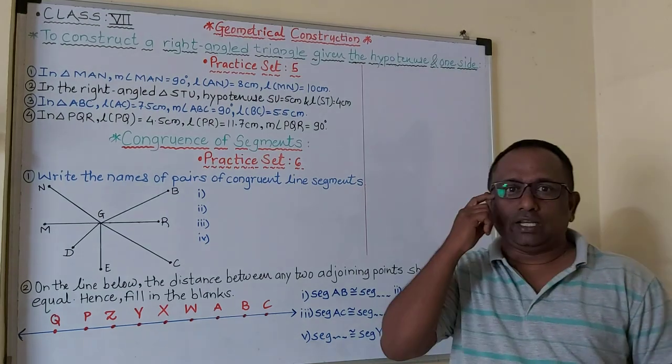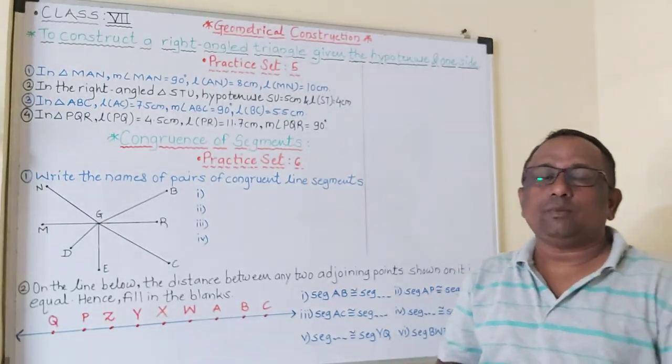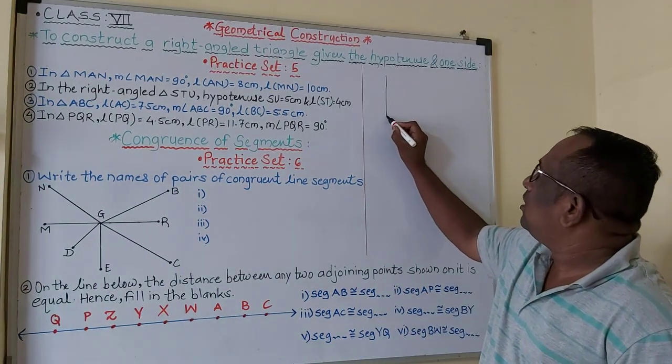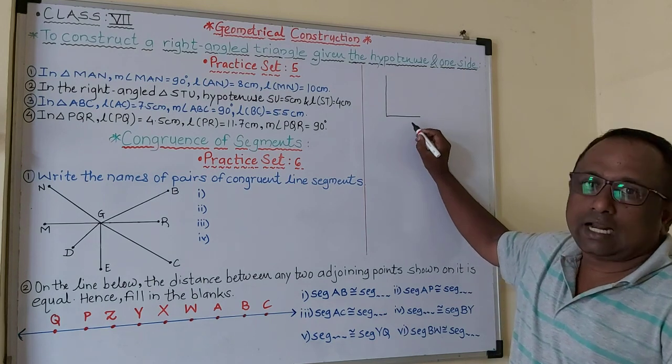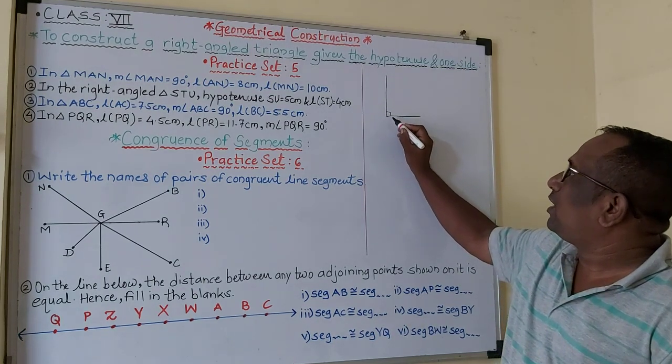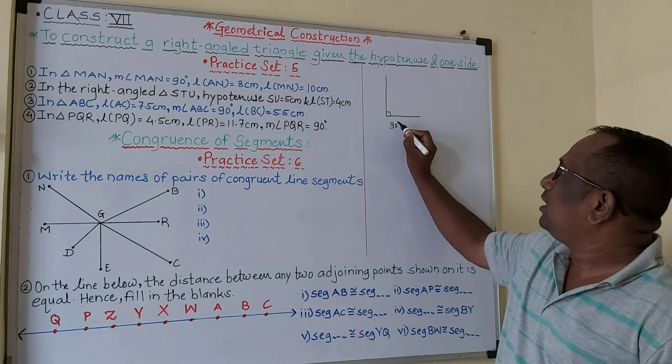So see what is meant by hypotenuse? Now see, this is a right angle. It is denoted by this symbol, and you know the measure of a right angle is 90 degrees.